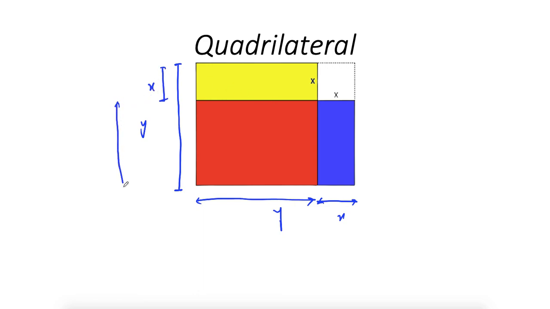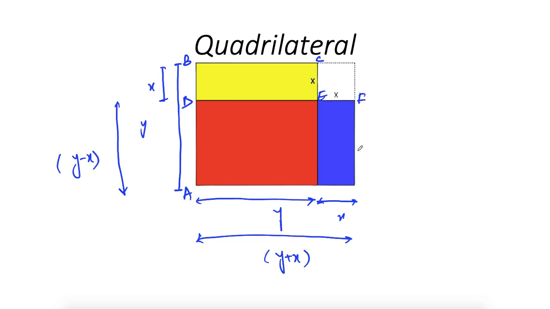What will this length be? This length will be y minus x. And this length will be y plus x. Let's call these A, B, C, D, E, F, G, and H. In this, A, B, C, H is a square, and A, D, F, G is not a square, it's a rectangle.